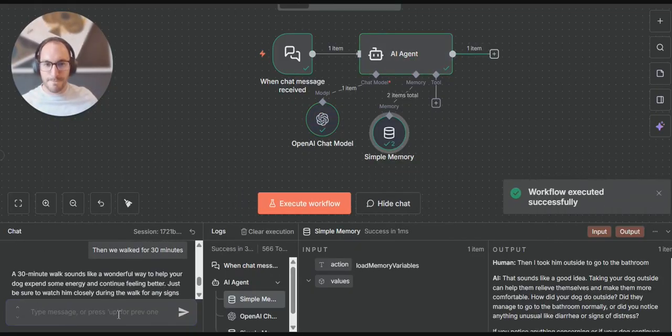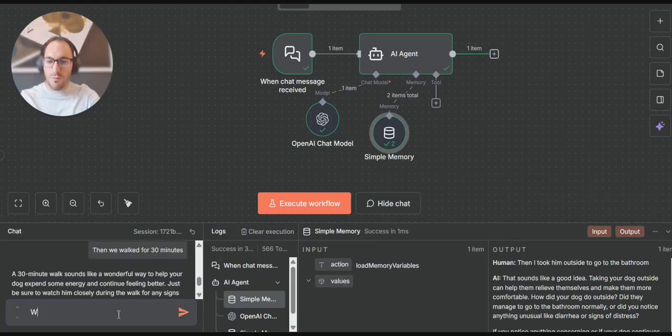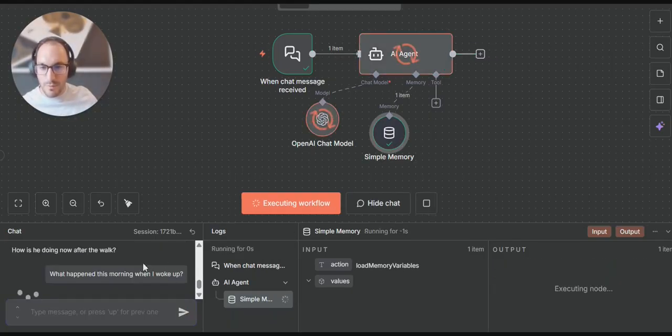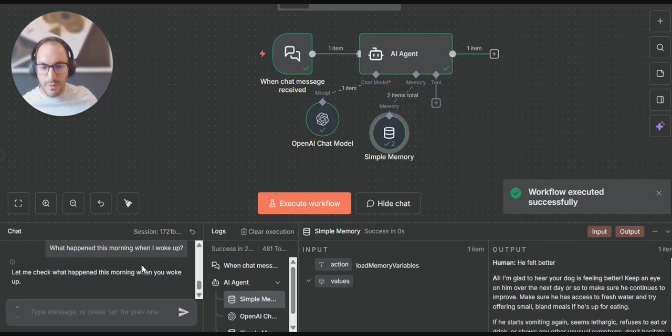Now, here's where it gets interesting, because remember the context window. If we ask this, what happened this morning when I woke up? It doesn't have a good response for you, right? And remember, that's that context window. So because we've got short-term simple memory attached to this AI chatbot, it can't give you a good response.